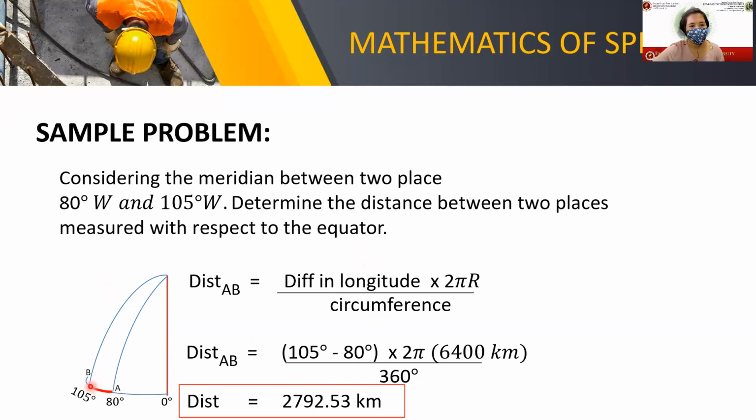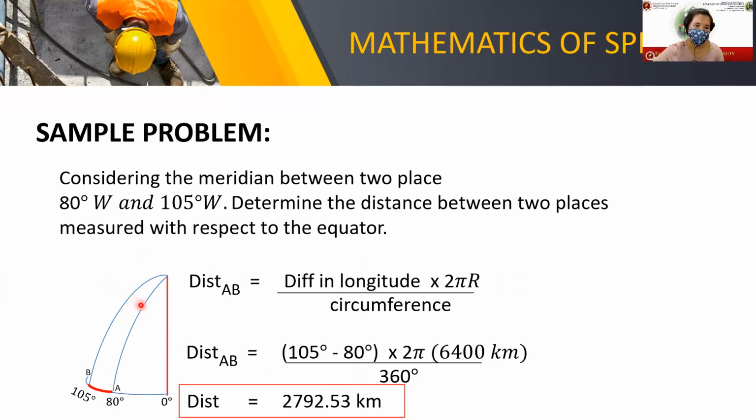So now the position of AB is on the equator. What if this AB is located somewhere here, for example at latitude 40 degrees? Or what if AB is located here, for example at a latitude of around 70 degrees?